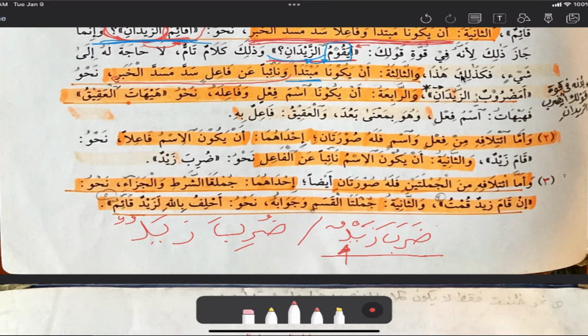Really, Arabic sentences and English sentences don't match all the way. You can have so many Arabic sentences inside of one English sentence. So, daraba Zaydun, that's a complete sentence. The doer of the verb is the subject of this sentence.